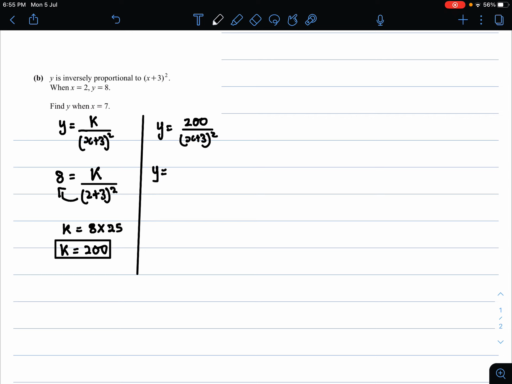So y is equal to 200 divided by 7 plus 3 the whole square. So 7 plus 3 is equal to 10, and 10 squared is equal to 100. Therefore 200 divided by 100. You can cancel the two zeros. Therefore your final value of y, and the answer to part B, is y is equal to 2.